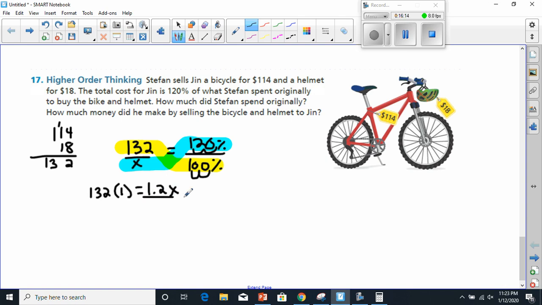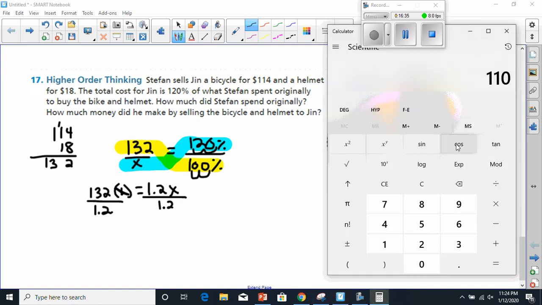That means I got to divide 1.2 away. Of course, whatever I divide from one side, I divide from the other. I really don't have to multiply this by 1 because I already know that it's going to give me 132 regardless. And now I had to take 132 and divide it by 1.2.